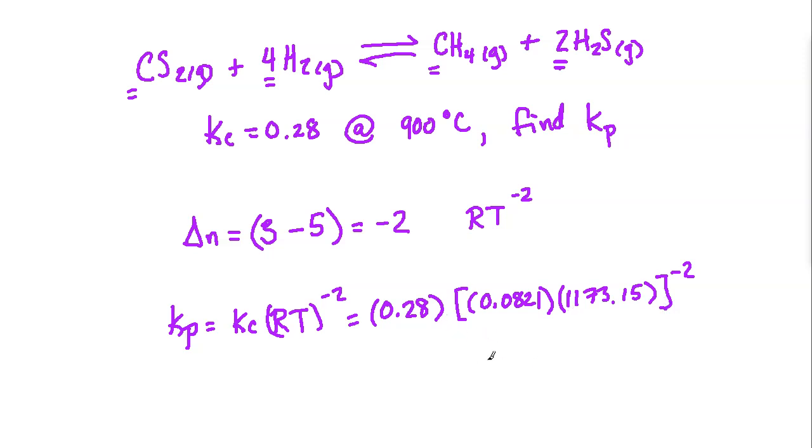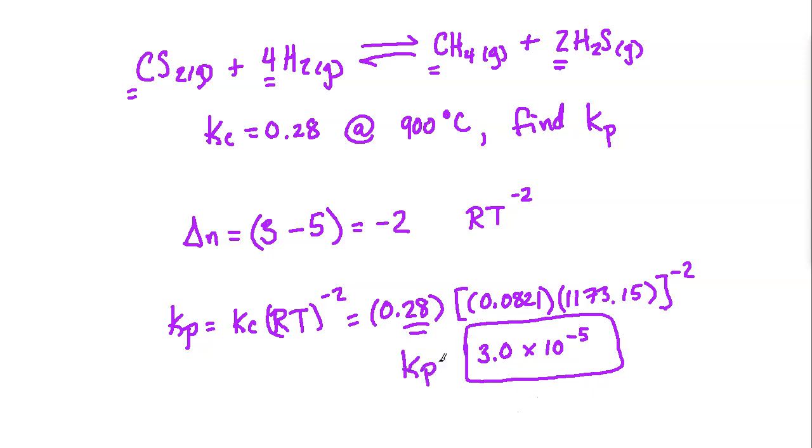And if you take a minute and plug all that into your scientific calculator, you should get 3.0 times 10 to the negative 5th. And again, only 2 sig figs here, so that has to be observed in the answer. So here's our answer right here. This would be Kp.